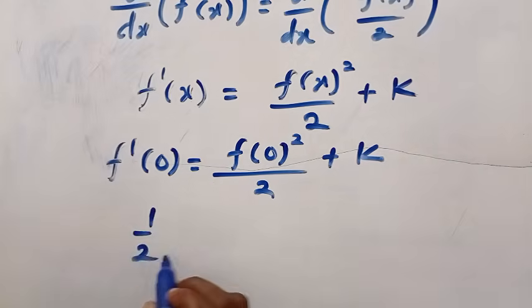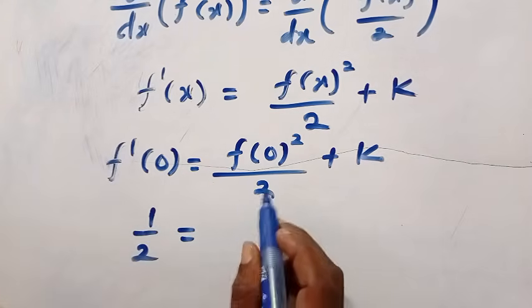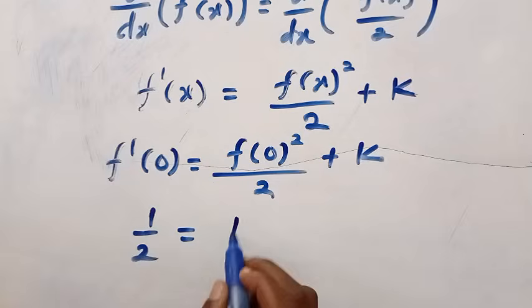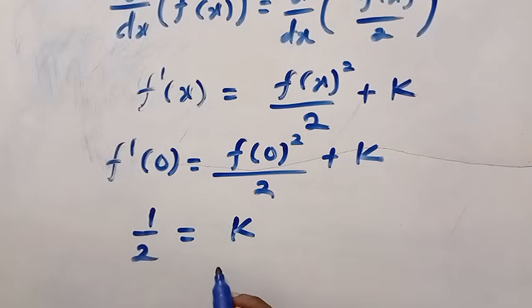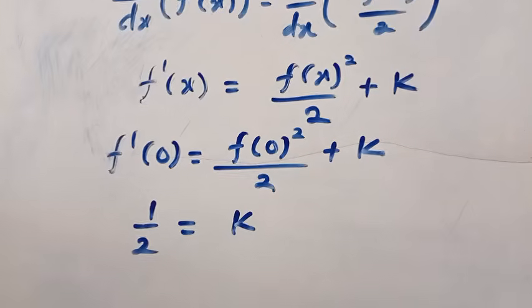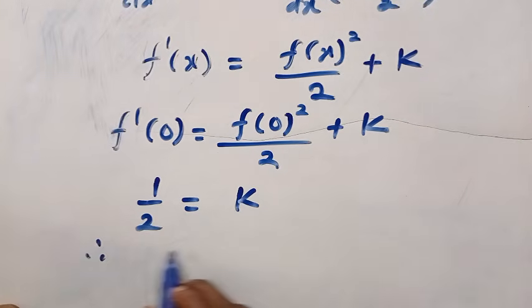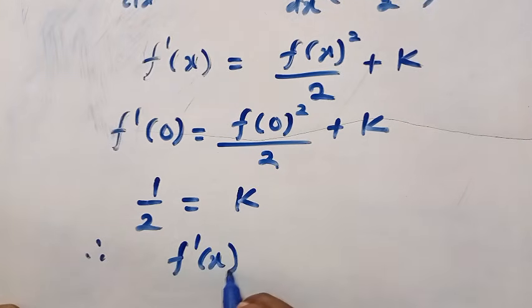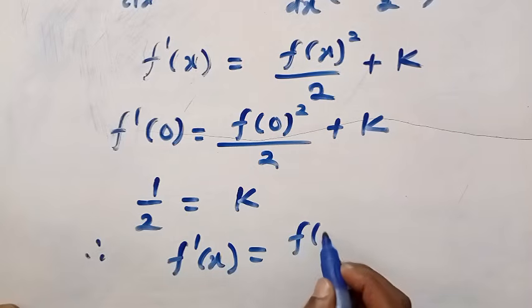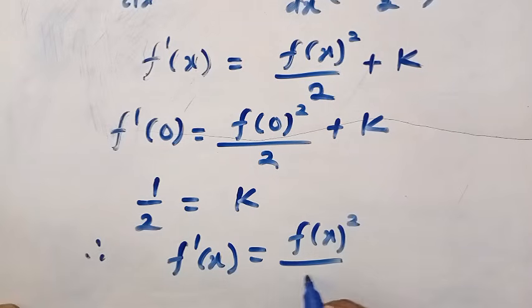So 1 over 2 equals, everything here becomes 0, so we have k. Therefore k equals 1 divided by 2. Taking this back, we have f prime of x equals f of x squared divided by 2, plus 1 over 2.